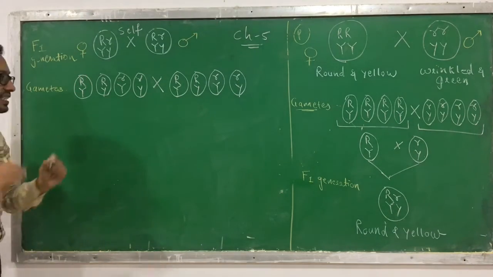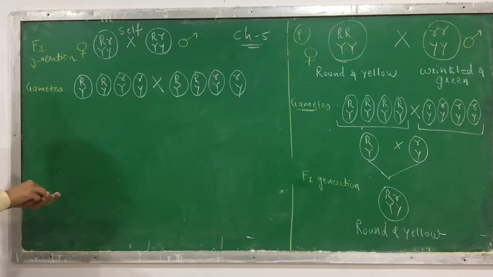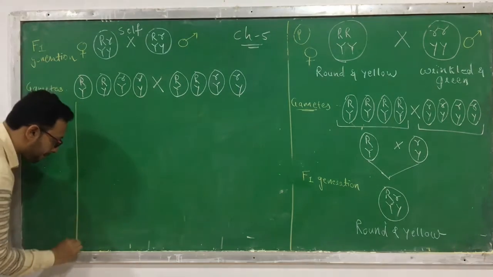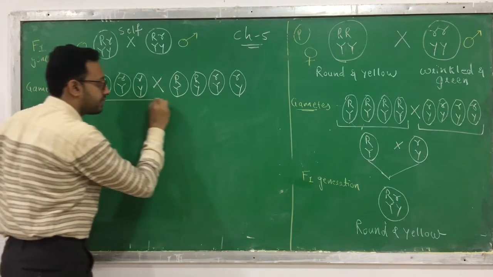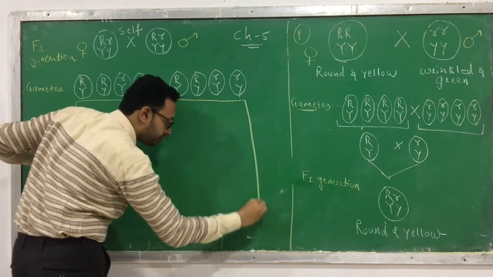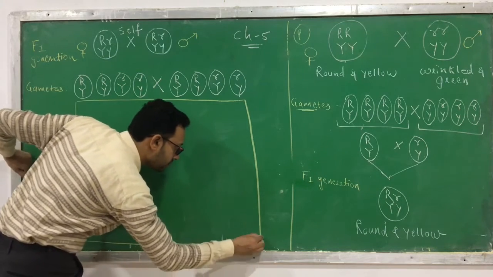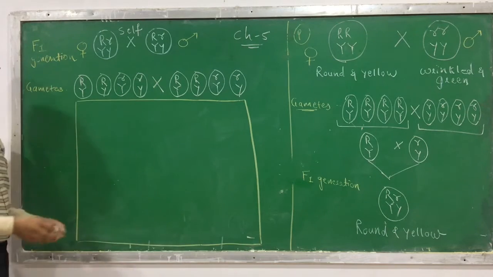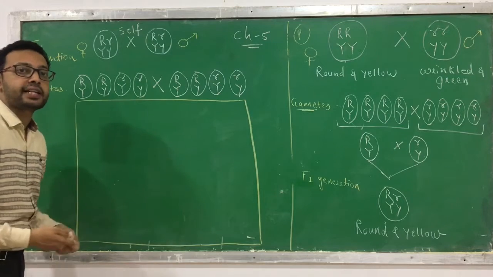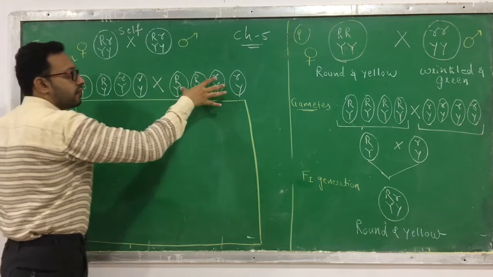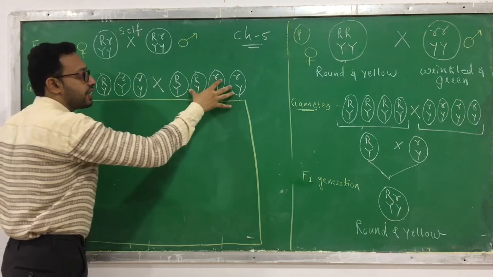Okay, for your easy understanding, I am drawing a square. See, I am drawing a square for your easy understanding. Clear? How many squares do I have to draw? I am explaining with the Punnett square method. So these are the 4 gametes of a female, and these are the 4 gametes of a male.